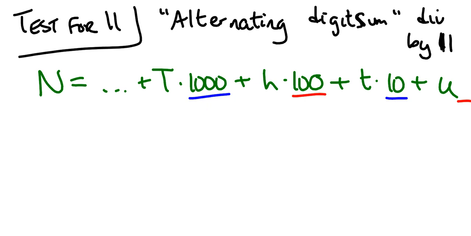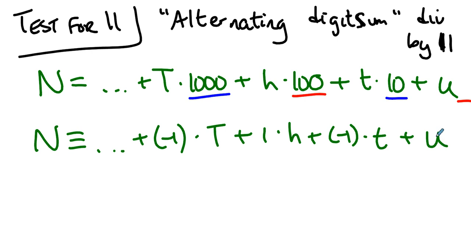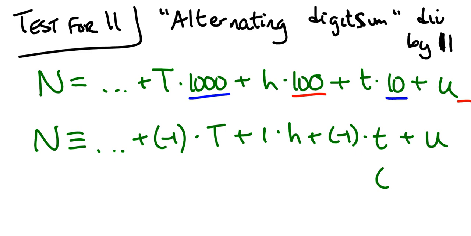So in a mod argument, n is equivalent to, that's negative 1 mod 11 times t. That's 1 mod 11 times h. That's negative 1 mod 11 times t. That's 1 mod 11 times u. So if the alternating digit sum is a multiple of 11, so is the original number.